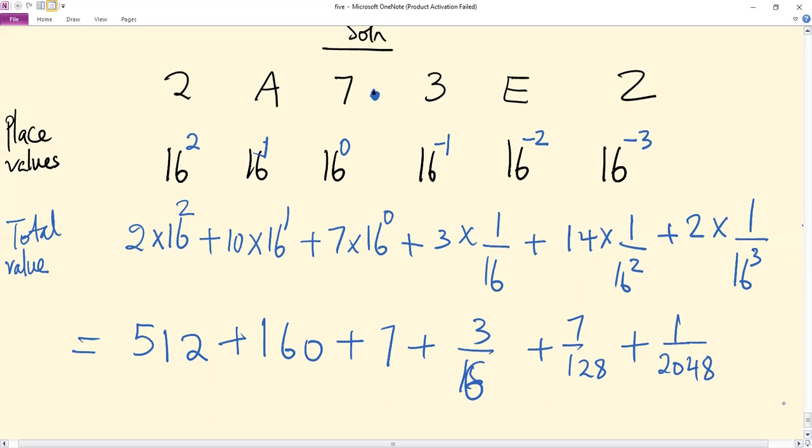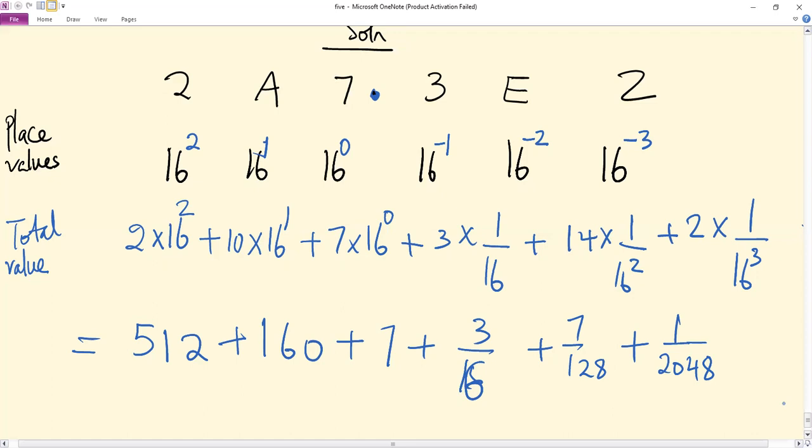So 512 plus 160 plus 7 plus 3 over 16 plus 7 over 128 plus 1 over 2048.